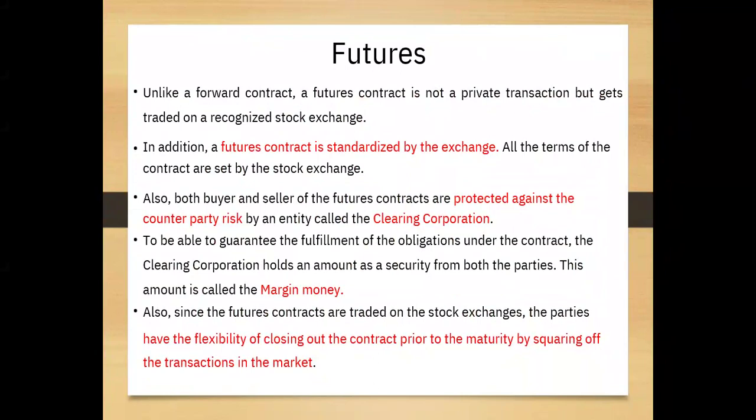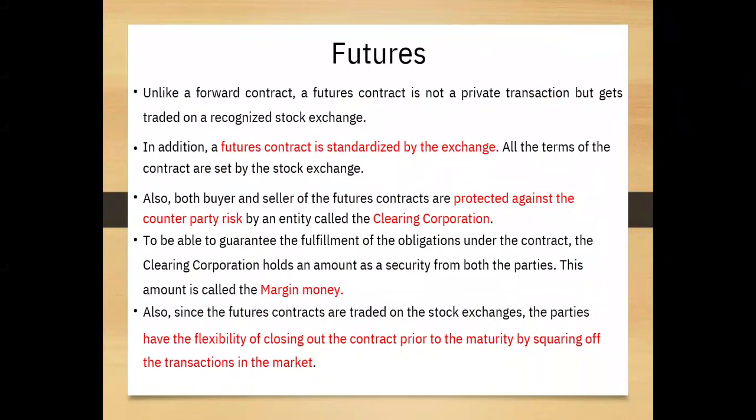In addition to that, a futures contract is standardized by the exchange. All the terms of the contract are set by the stock exchange itself. Again, it is protected against counterparty risk or default risk by an entity called the clearing corporation, which will clear the settlements to guarantee the fulfillment of obligations under the contract. The clearing corporation holds some amount of security from both the parties.